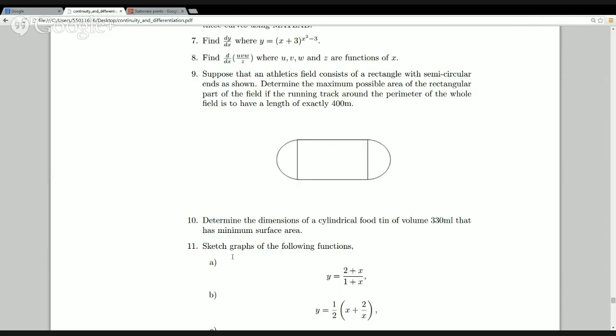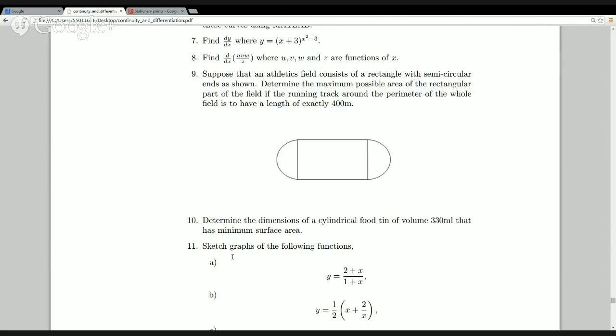So L has to be 100, and the associated width W will be 400 minus 200 over pi, so 200 over pi, whatever that is as a value. So this is the location of a stationary point.